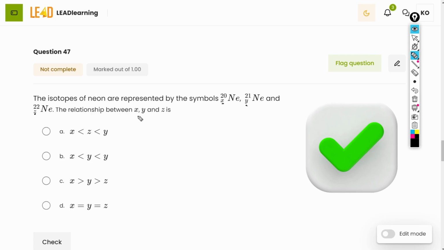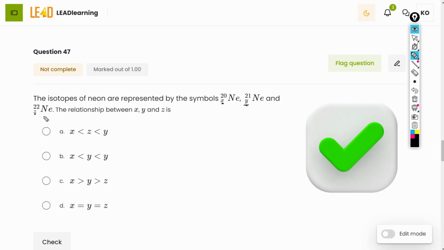The relationship between X, Y, and Z is... Now, we are going to solve this question by looking at what X, Y, and Z represent.